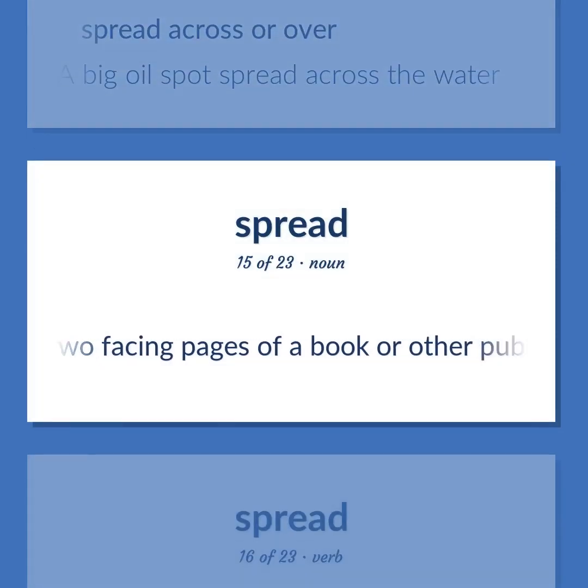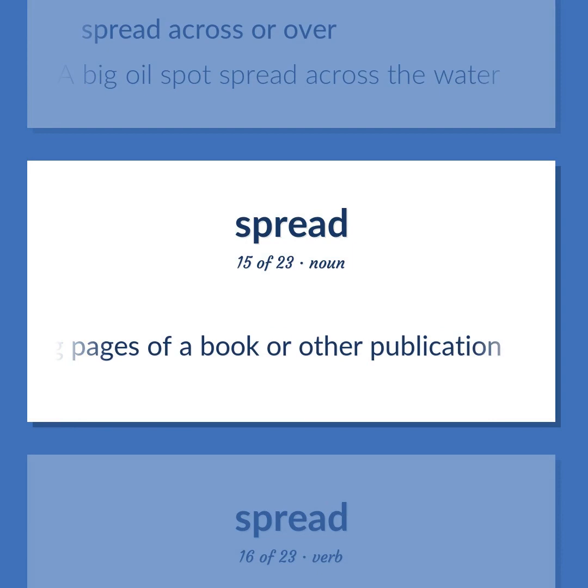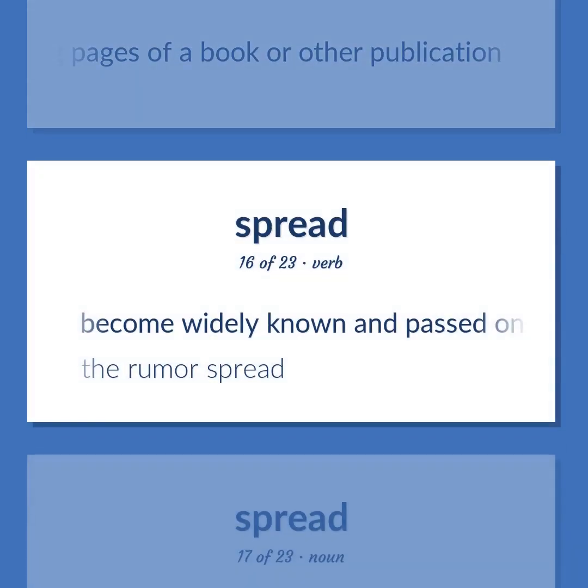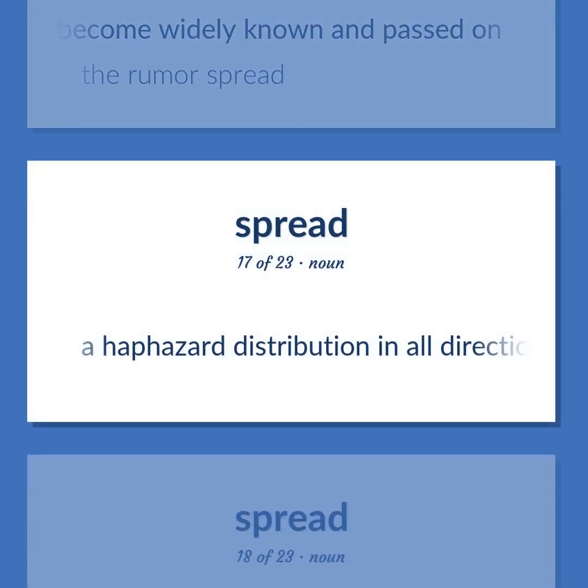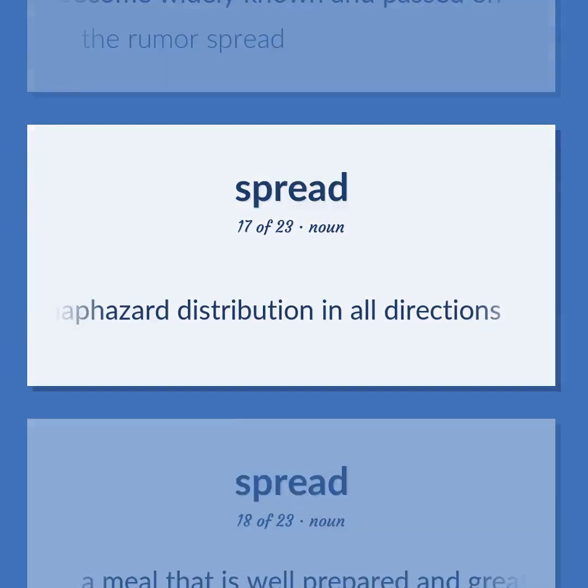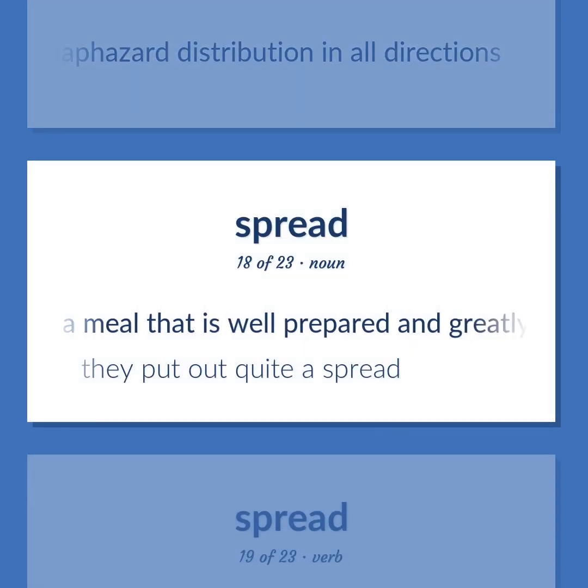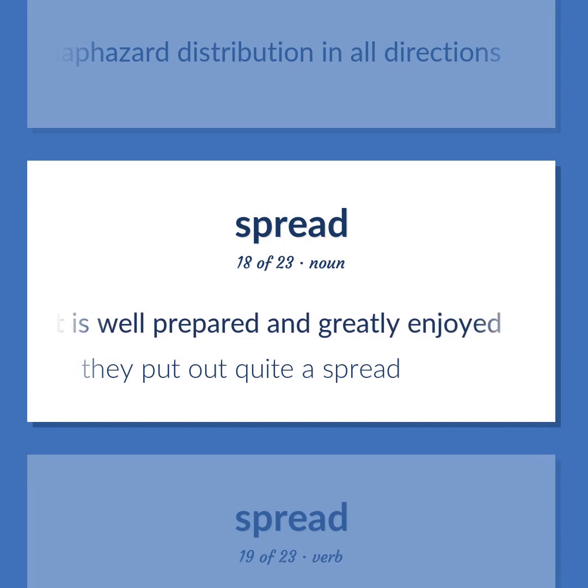Two facing pages of a book or other publication. Become widely known and passed on. The rumor spread. A haphazard distribution in all directions. A meal that is well prepared and greatly enjoyed. They put out quite a spread.